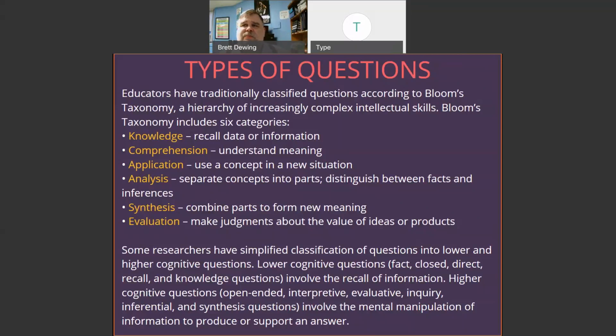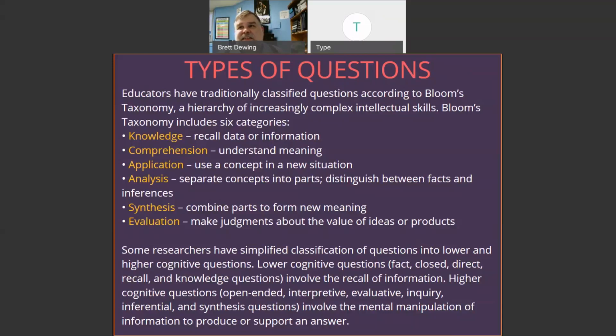So being able to separate the concept into parts and look at those parts individually and how they go together as a whole, and distinguishing between facts and inferences. So between things that are said specifically outright in the text and things that you can infer or guess from what the text says.